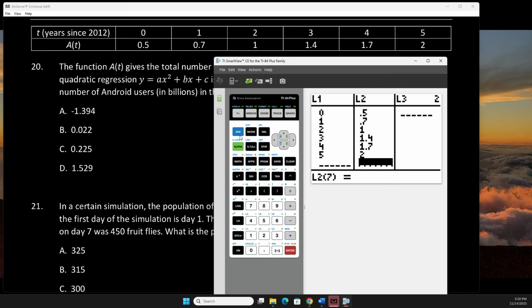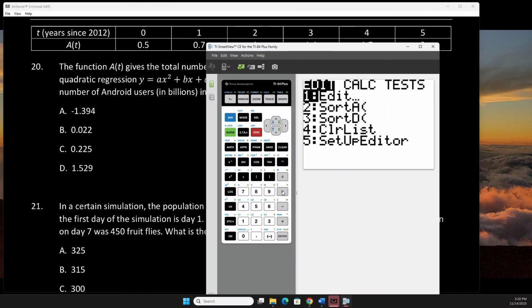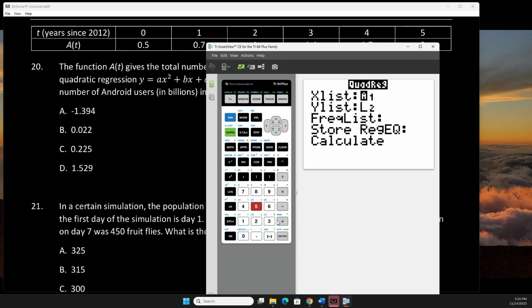All right, and then it tells you they did a quadratic regression, so let's go ahead and do that, and definitely store it.